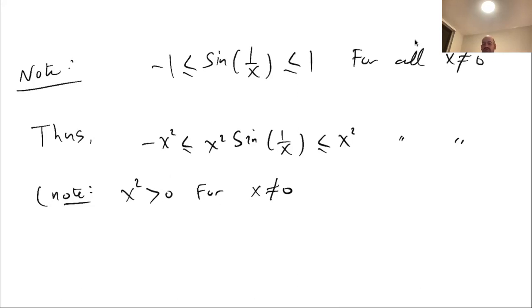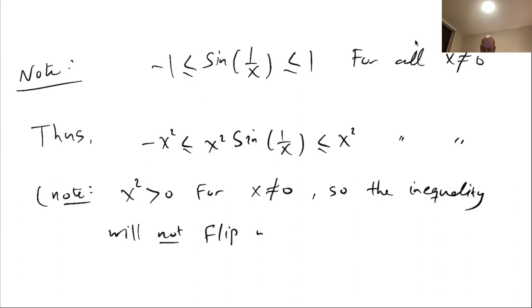So less than or equal becomes greater than or equal, and so on. So note that the inequality will not flip when we multiply both sides by x squared.